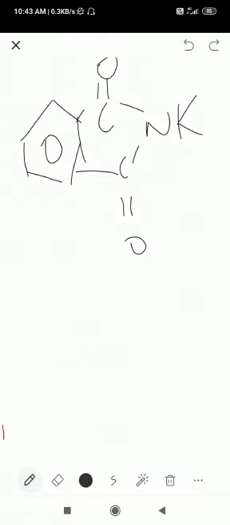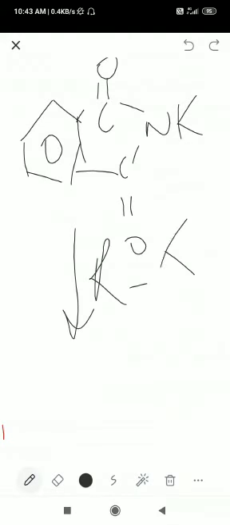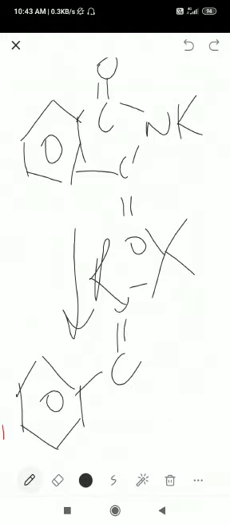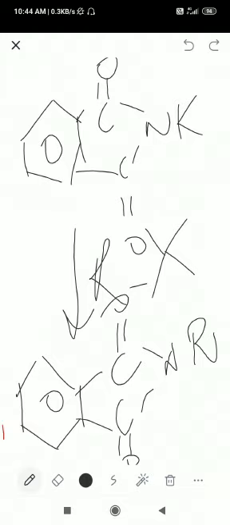Then we will add RX, an alkyl halide, and then we will just substitute it. C double bond O, C double bond O, then NR. In the place of K we have got R, and KX will be eliminated. For example, if we have taken RCl, then NR will be formed and KCl will be eliminated.